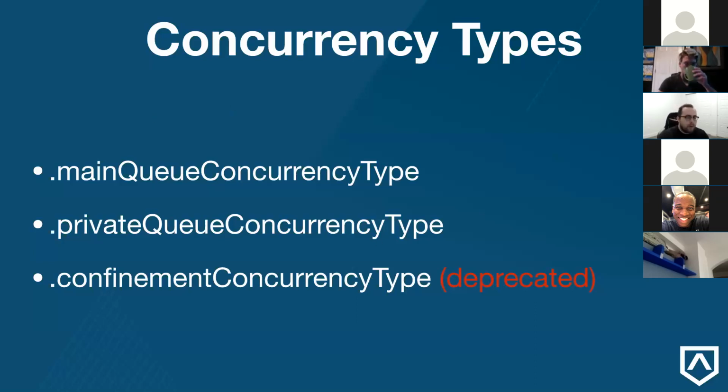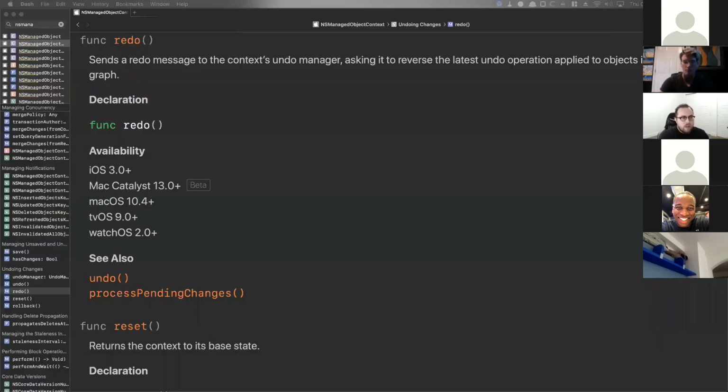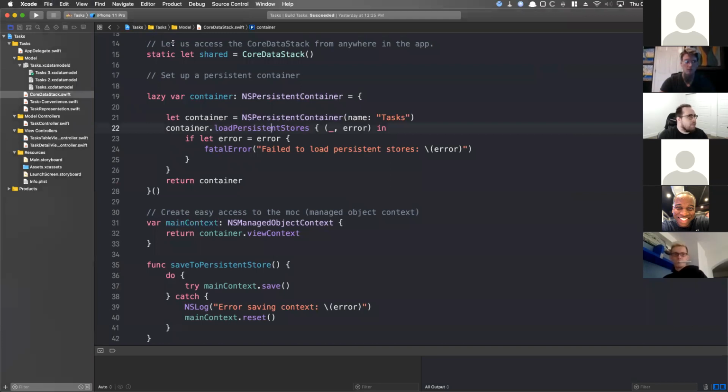So as an example, I'm going to give you this little line here, and I want us all to go ahead and use it and see what it does. Go ahead and copy that, and then come with me to open up the same Tasks project that we've been working on this whole week.